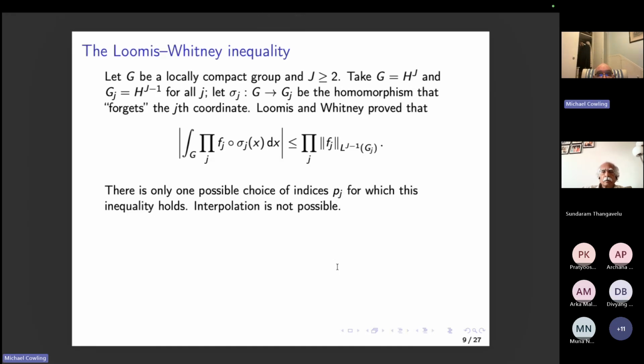Now, a third inequality is the so-called Loomis-Whitney inequality, which originally had a combinatorial proof.